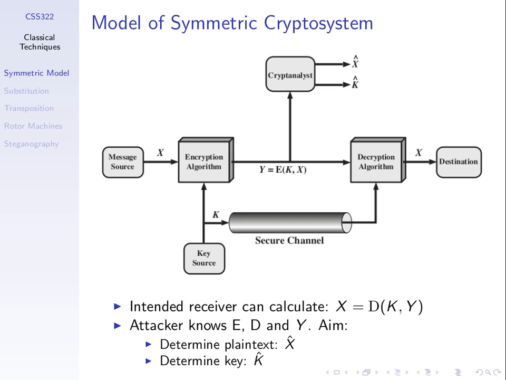Somehow, that key K is distributed from the source to the destination, shown here by a secure channel. We're not going to be concerned with how that happened, but we're going to assume that the source knows K, the destination knows K. Maybe they talked on the phone, maybe they wrote it down on a piece of paper, maybe they used another encryption scheme to distribute the key, but both sides know the key.